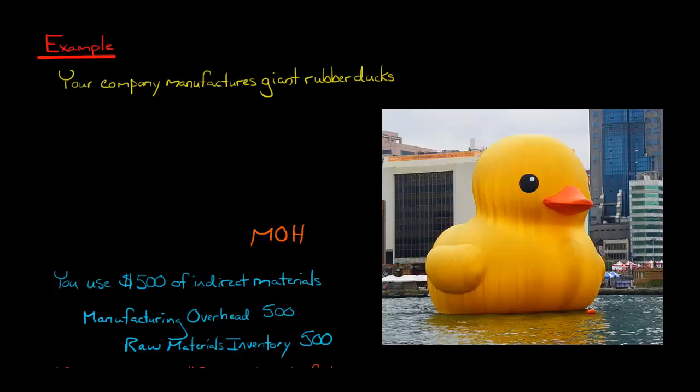So the journal entry you would make is you would debit manufacturing overhead for $500, and then you would credit raw materials inventory, because we are talking about indirect materials here. So they're a type of raw material. So you would reduce the raw materials inventory account as you take the raw materials out and use them. But because it's indirect materials, you would debit manufacturing overhead. This is actual manufacturing overhead here. Okay, so whenever we deal with the actual, we're going to debit it.